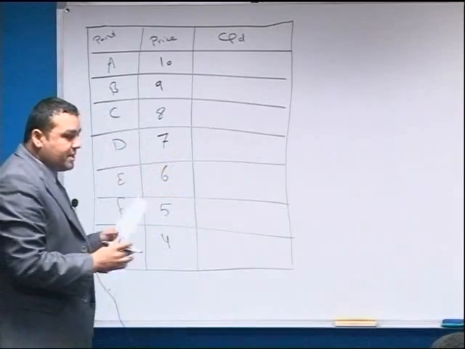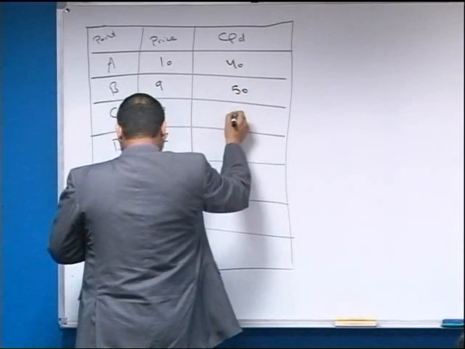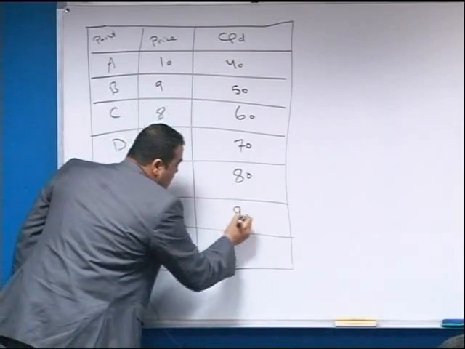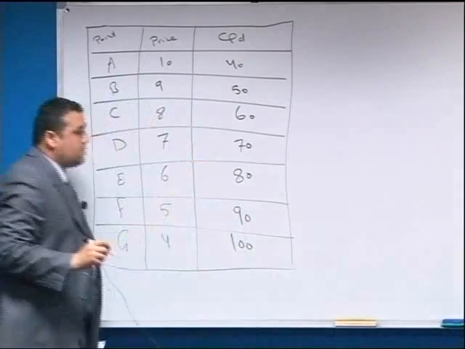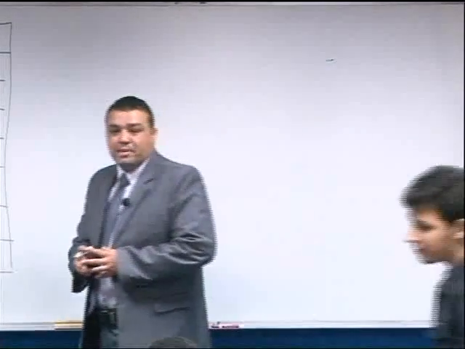The quantities demanded are 40, 50, 60, 70, 80, 90, 100. Question number 1 is: derive or draw the demand curve.